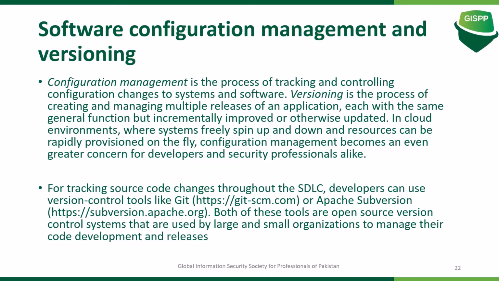I mean, we all know what a version is, version 1, version 2. As the version increases, you have more functionality, better graphics, or whatever the technology allows, and you improve the overall quality or functionality of the software in the next release version. So in a cloud environment where systems freely spin up and down, resources can be rapidly provisioned on the fly, configuration management becomes an even greater concern for developers.